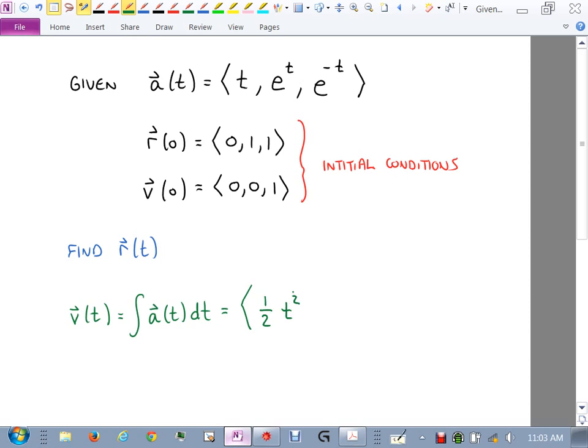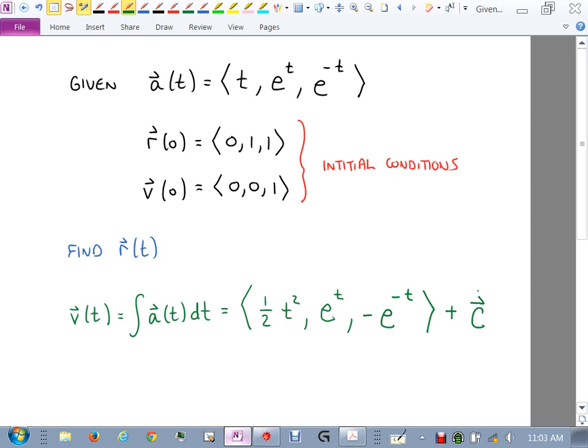But watch how I'm going to do this. Then e to the t. The antiderivative of e to the t is itself, right? Plus a constant, which I'll take care of in a second. And then the antiderivative of e to the negative t is negative e to the negative t. So we have to worry a little bit about chain rule. And then I'm going to say plus some constant, right? But that constant is not a number.